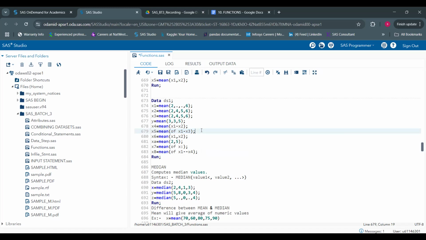Here we are taking the range x1, x2, x3, divided by 3. This you know. And how about this? Let's take a guess. We even dealt with this one previously. If you remember, just tell me how do you do this?